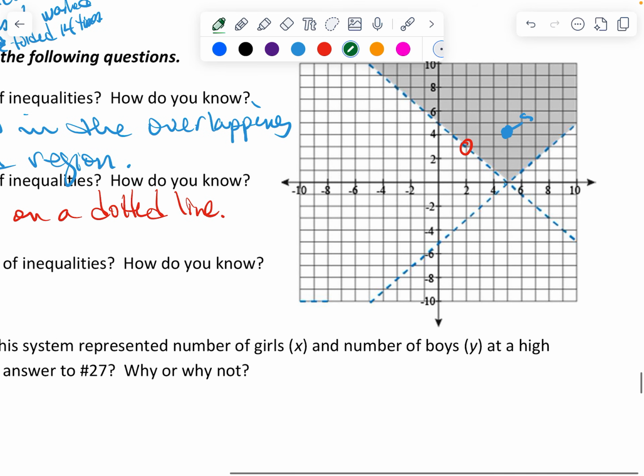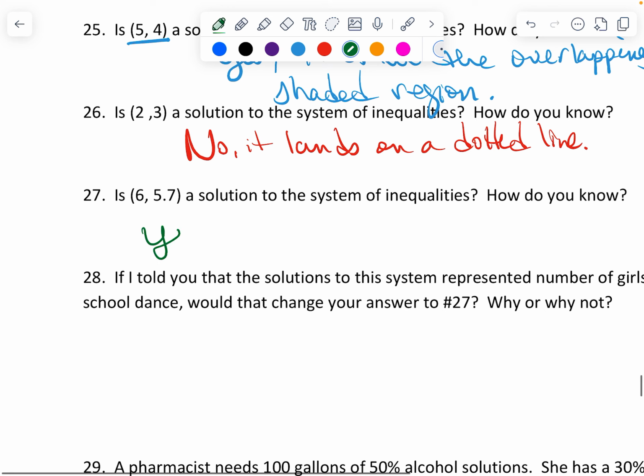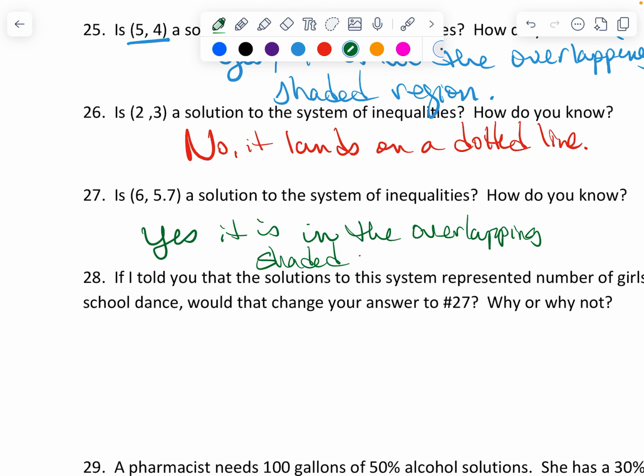So I come over to 6, I go up to 5.7. And that is in the shaded area. Yes, it is in the overlapping shaded area.